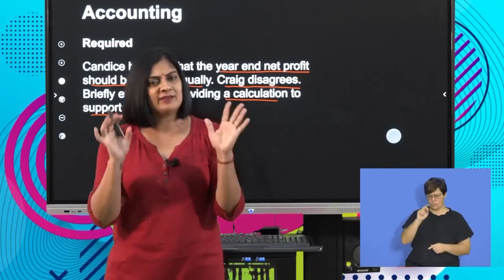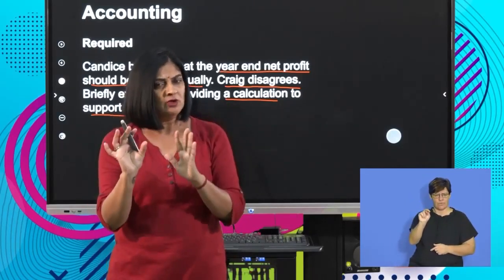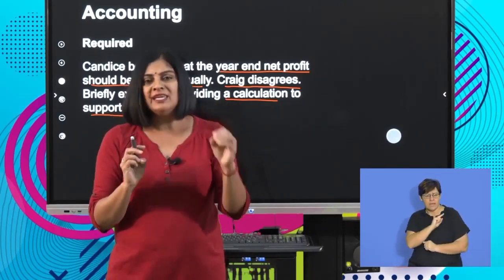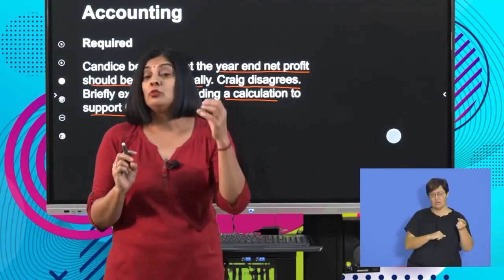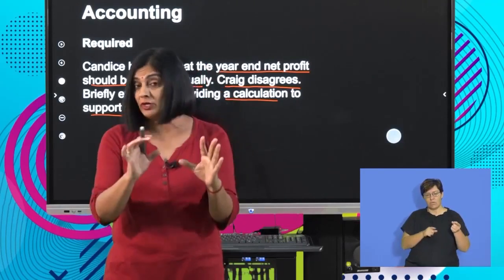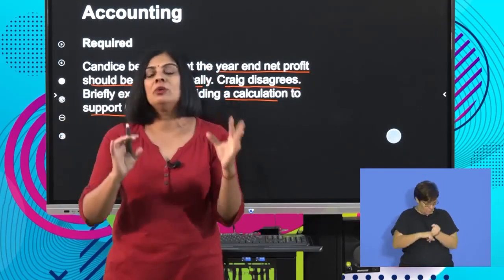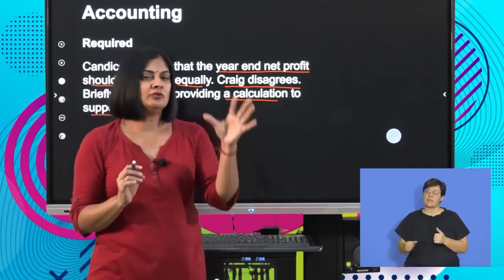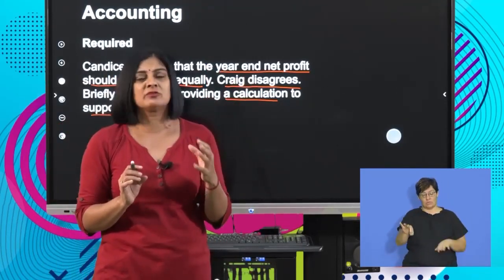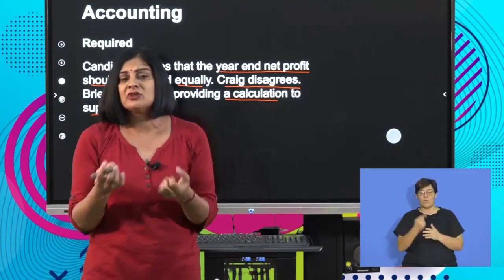Craig, on the other hand, says, hang on, no, that's not happening. We need to explain, and the question tells us we are supporting Craig. So we're not on Candace's side, we are supporting Craig. So let's go back to their capital contribution, because remember, that's the only ledger account they've given us.